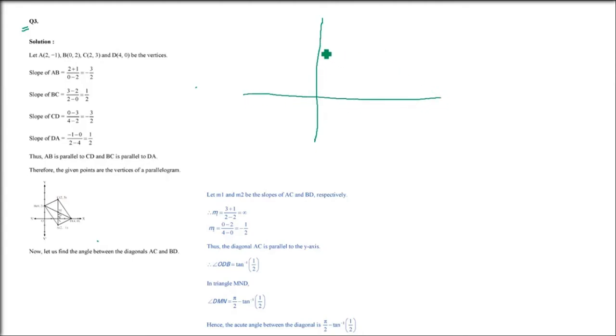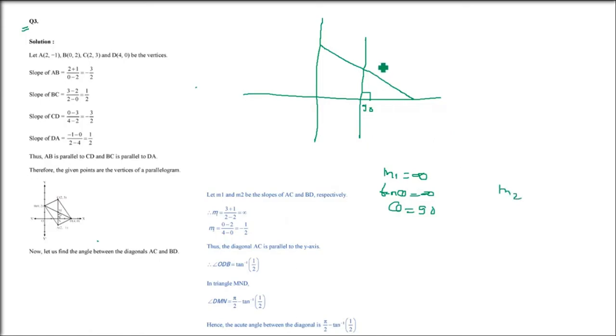So we have two diagonals. Now I'm not writing all these, I'm just making the diagonals. This is one diagonal and this is the other diagonal. This is 90 degree. We just saw m1 is infinite, tan theta is infinity, so theta has to be 90 degree.